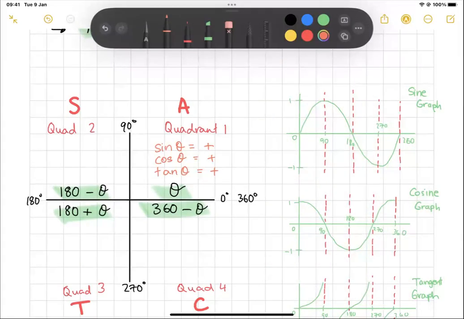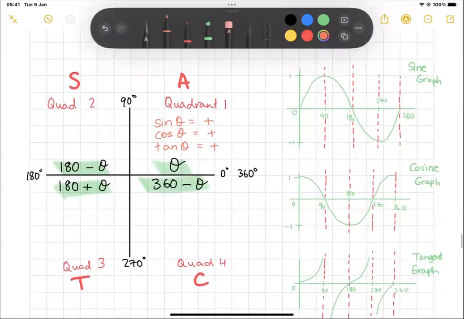And you can look at it on the graphs here. I called these quadrant 1, 2, 3, 4. I've sectioned them into four different parts. If I look at the first quadrant for the sine graph, to find out if it's positive or not, is it above 0 or below 0? If it's above 0, that means it's positive. If it's below 0, that means it's negative.